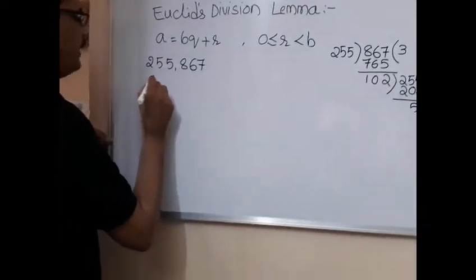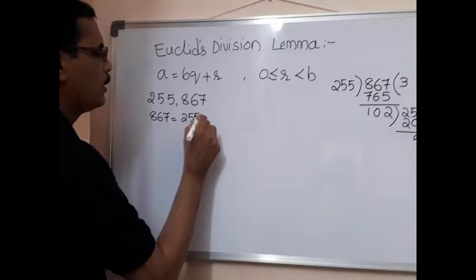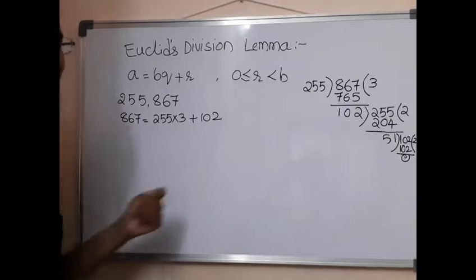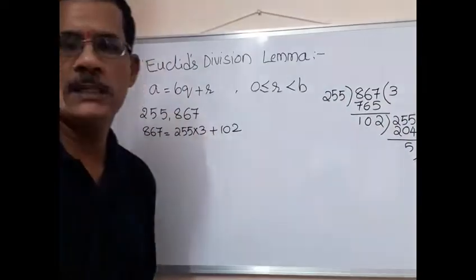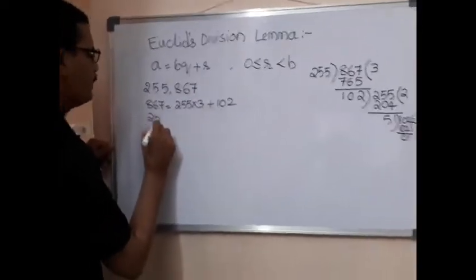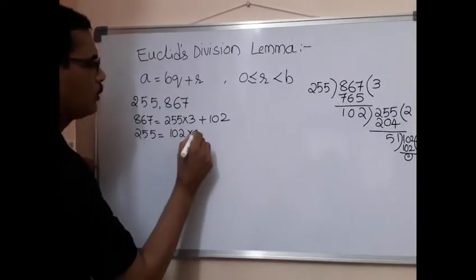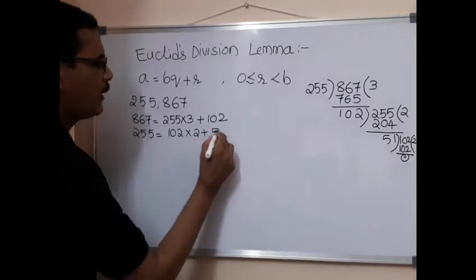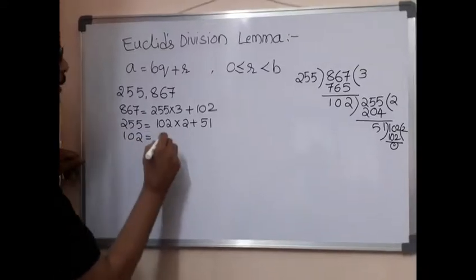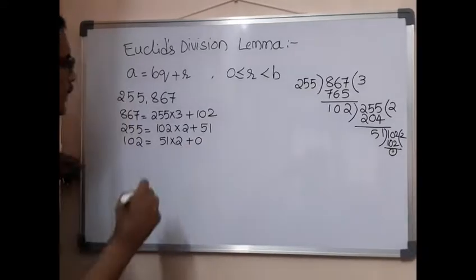So 867 can be written as 255 into 3 plus 102. Writing each step in a = bq + r form: 255 = 102 into 2 plus 51, and 102 = 51 into 2 plus 0.